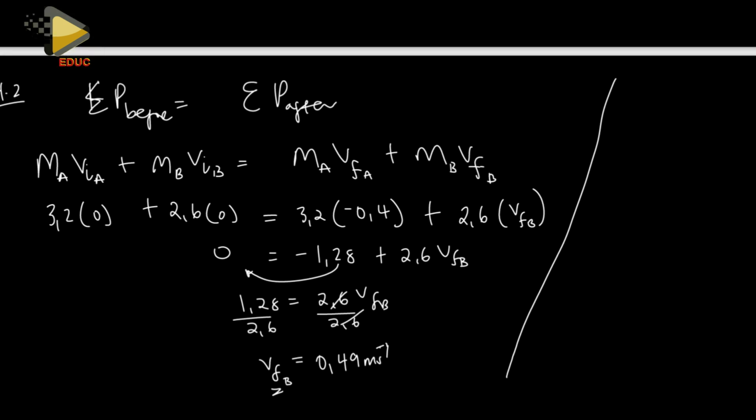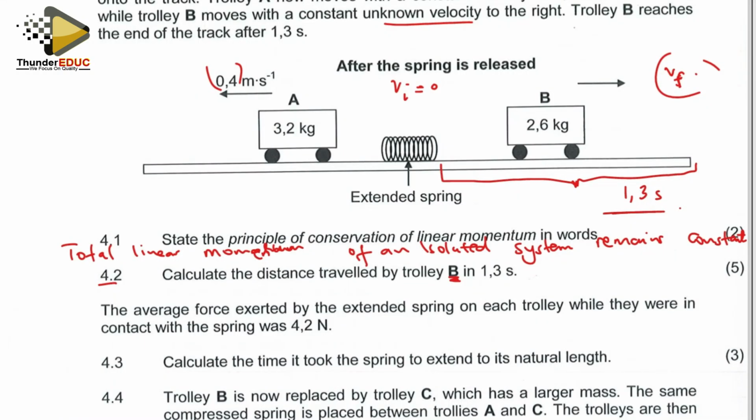Okay, so I cannot use the first equation of motion, but I can use the last one, which is V final squared is equal to V initial squared plus 2A delta x. Do I know the acceleration? I can get the acceleration, but that is going to take a bit of time.